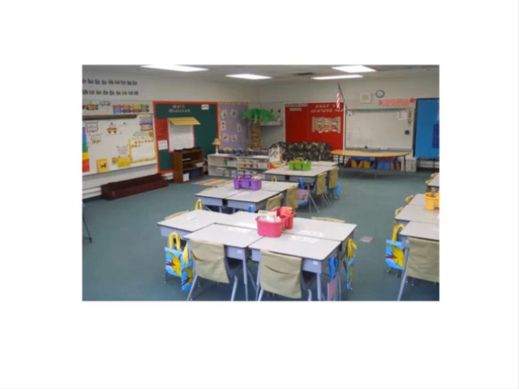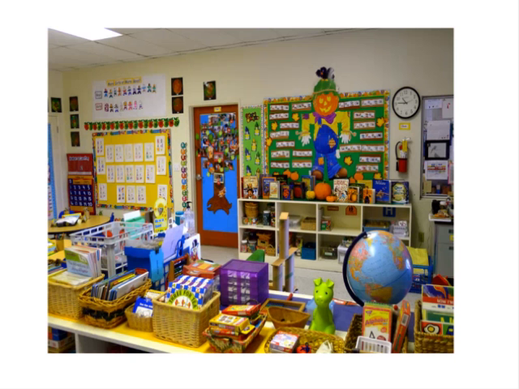Now, I'm going to tell you that this next slide, before I show you, I'm going to apologize in advance if there's a slim chance that this is a photo of your classroom that you very proudly posted on the internet, because if I was a child with autism and I was in this classroom, I would be freaking out. I would not know where to be looking. I would not be able to focus on one thing in particular.